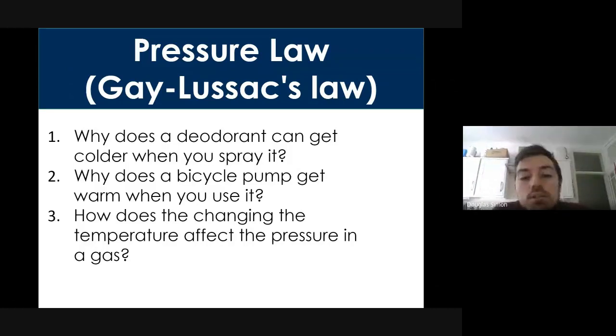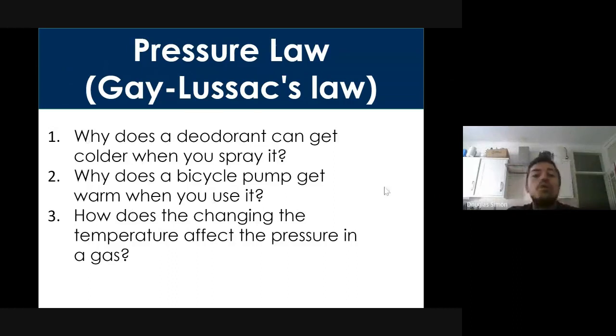But in order for you to take that gas from a very compressed state and expand it, it needs energy to expand. And where does that energy come from? It comes from the surroundings. It comes from your hand. It comes from the room. So if you had a deodorant can at an extremely cold temperature, it's not going to work because there's not enough energy in the surroundings to cause it to expand and leave the nozzle.